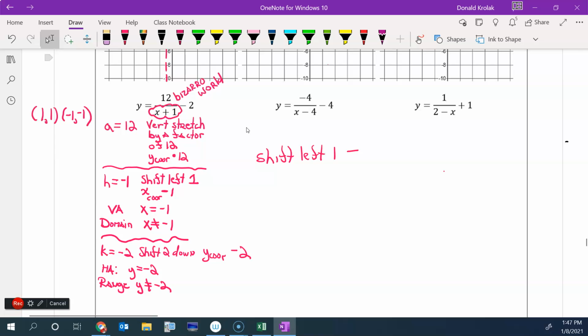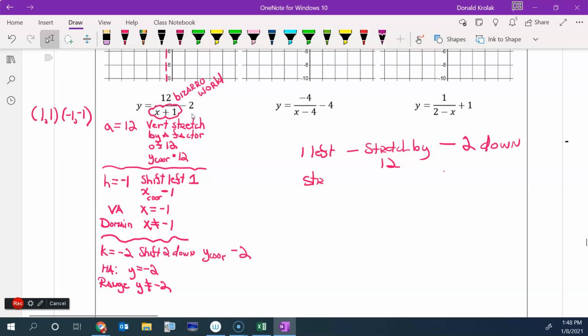Then I would stretch by 12, and then I'd slide 2 down. So I could do left 1, and then stretch by 12, and then slide 2 down.